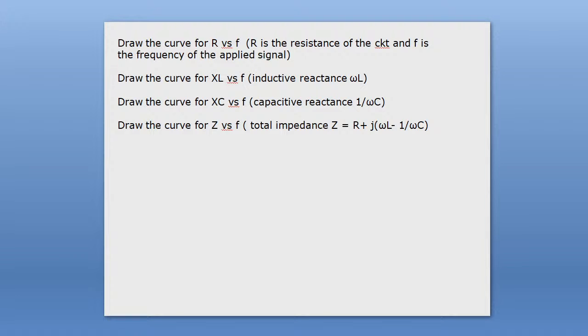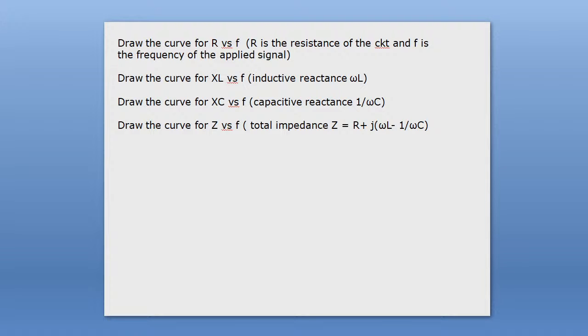So you will get a linear or straight line parallel to the x-axis. I repeat this point: resistance of this circuit is independent of the signal frequency. It does not depend on the value of frequency. Whatever the value of frequency, R will be a constant value.